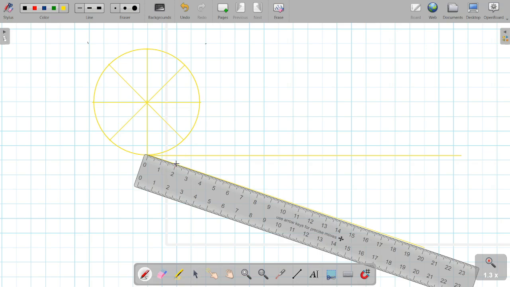So first marking I will be doing on 2, then it will be on 4, then 6, then 8, 10, 12, 14, and 16. So this comes to be the 8 parts. Now what you need to do is join the last point of your division to the last point of your circumference.